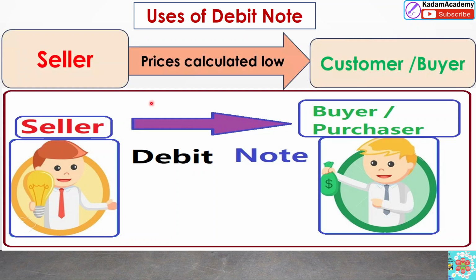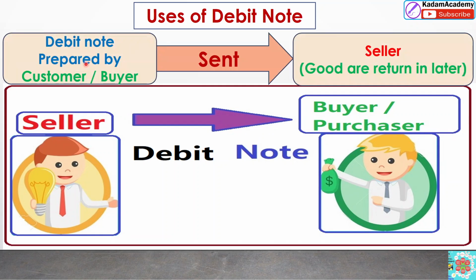Next case: the seller's price calculation is low, the same undercharge. The debit note prepared by the customer or buyer is sent to the seller when the goods are returned later. We already gave the example. A product costing 6 lakh is sold by the seller to the buyer, and the buyer has paid 6 lakh rupees.